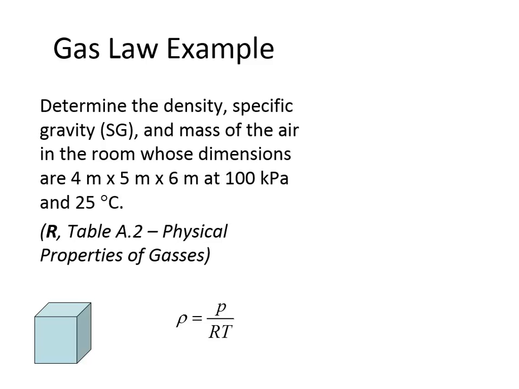It's 4 times 5 times 6, 4 meters by 5 meters by 6 meters are the dimensions of the room, and that is 120 cubic meters. And we multiply that by the density of the air, which was 1.169 kilograms per cubic meter. And in total, there is 140.3 kilograms of air in the room of that size.